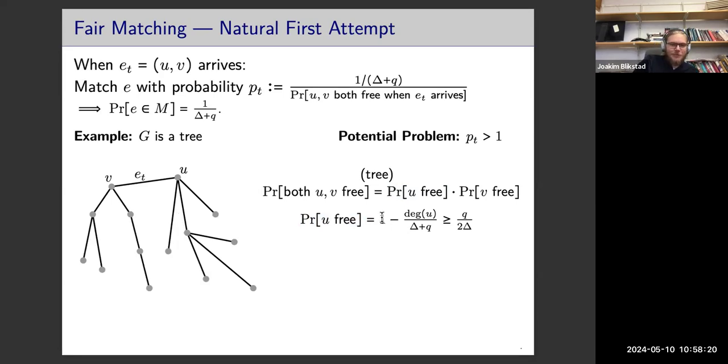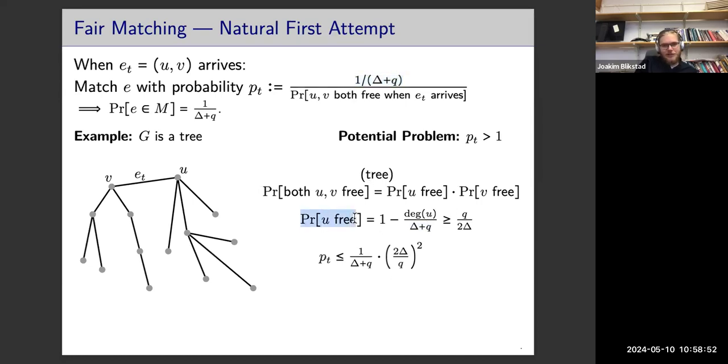All these are disjoint events, it cannot match multiple ones. So the probability that U will be free is 1 minus the current degree divided by delta plus q. So the current degree is 3, so it would be 1 minus this target probability times 3 in this case. And the degree is at most delta. If you do this calculation, you see it's at least q divided by 2 delta or something. So now if we look at p_t, we try to bound it. It's at most 1 over delta plus q.